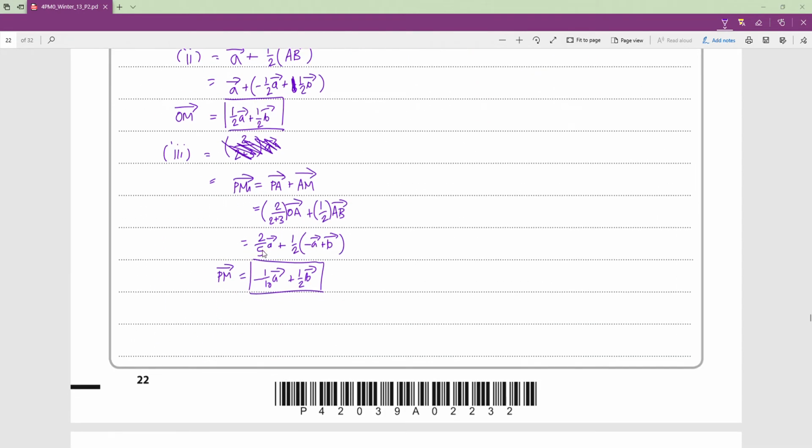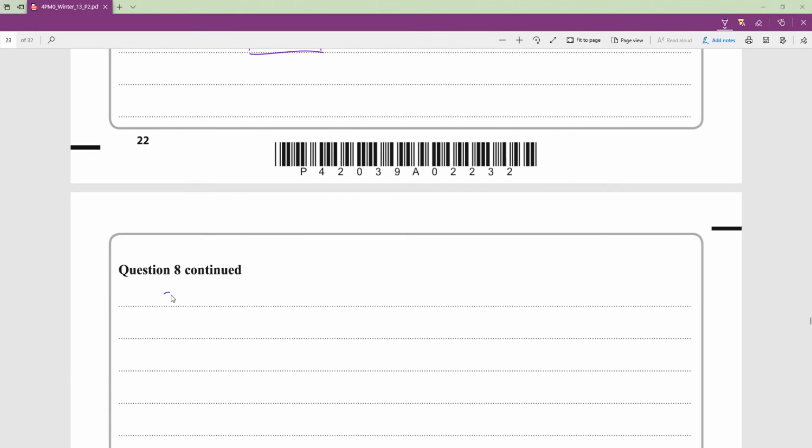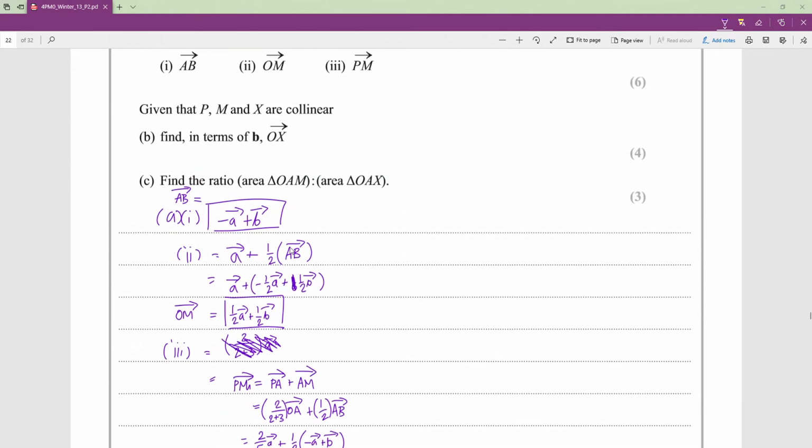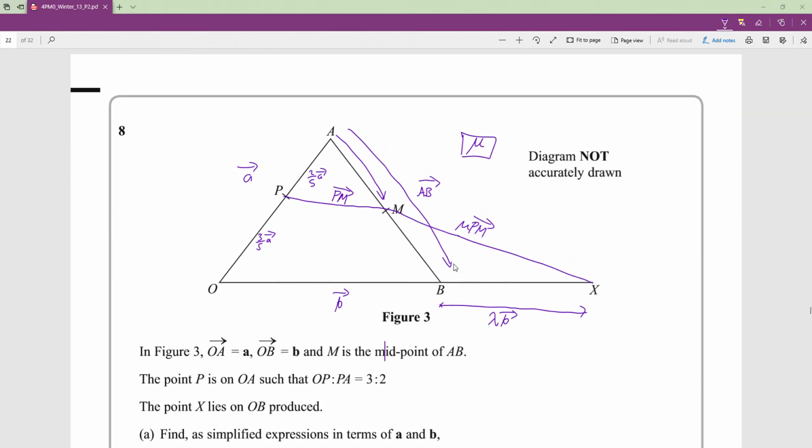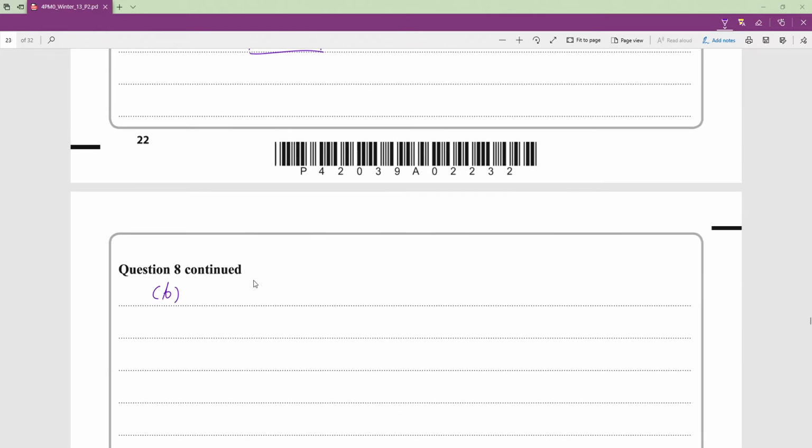So what we will first do is write out all the knowledge that we have already. So PX, OP plus PM plus MX is equal to OB plus BX. That's the first train of thought I'm getting.